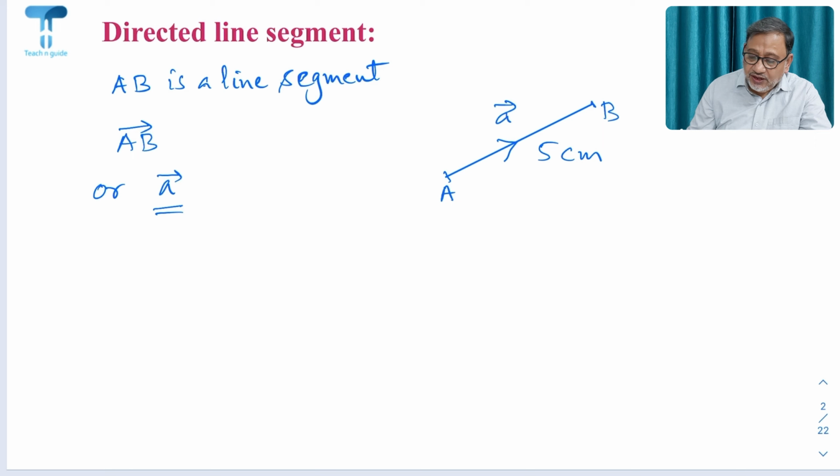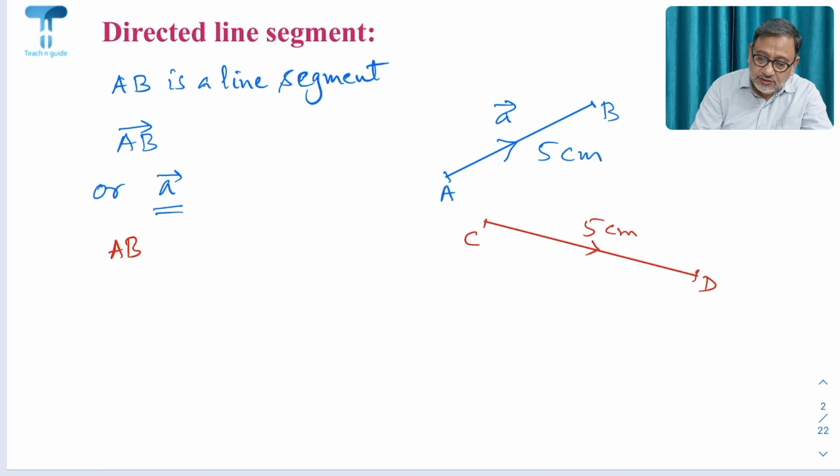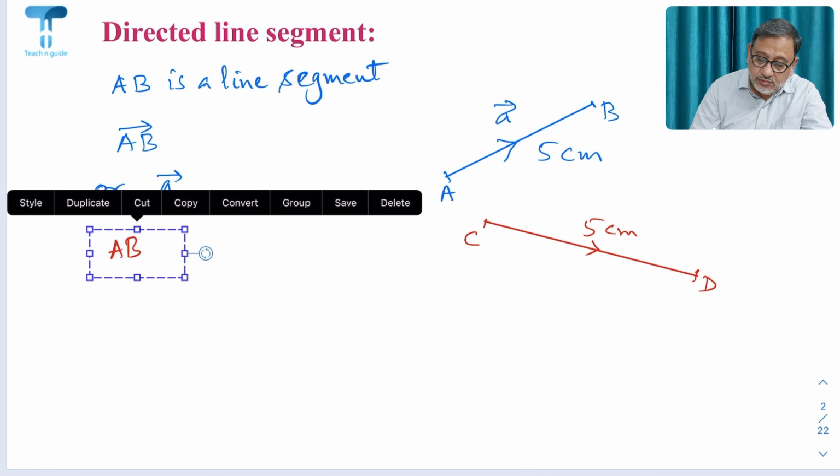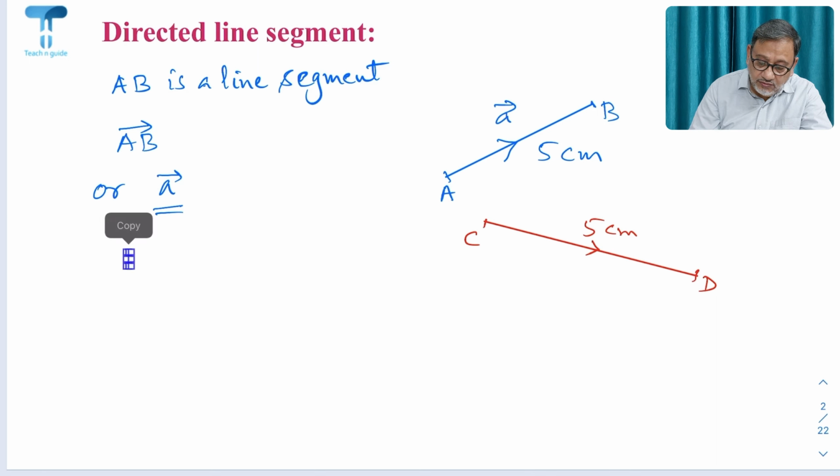Now if I have another vector CD, whose length is also the same as AB, 5 centimeter, I will call it vector CD.